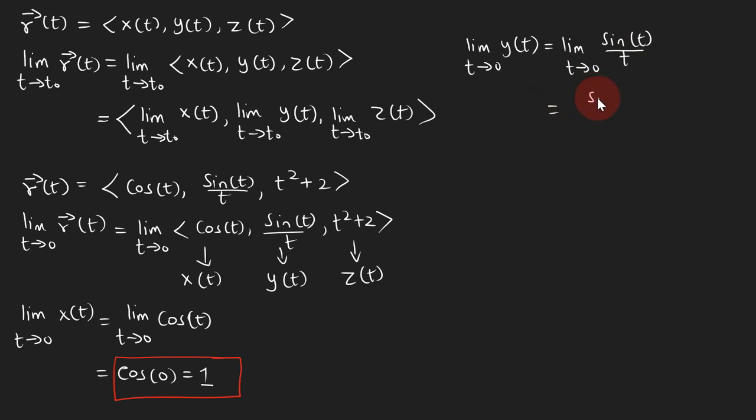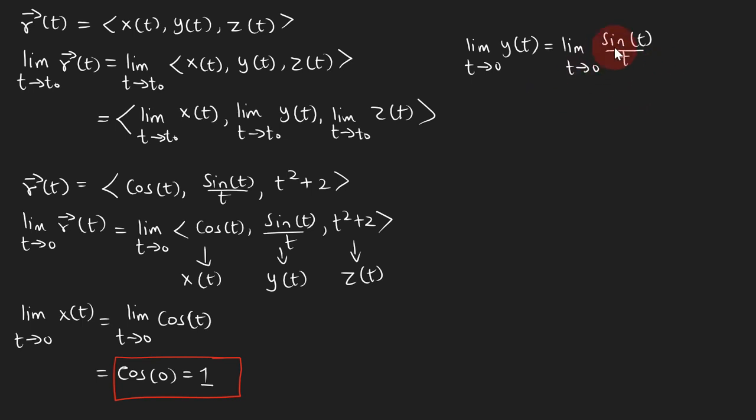That's going to give us sine of 0 divided by 0, that's division by 0. Then you're going to get 0 on 0, which is indeterminate. So you must find a way to compute the limit. In this case, you can find the limit by using L'Hopital's rule, where we differentiate the term on top and then the term down here. And then after that, you try substitution again to see if you can find the limit.